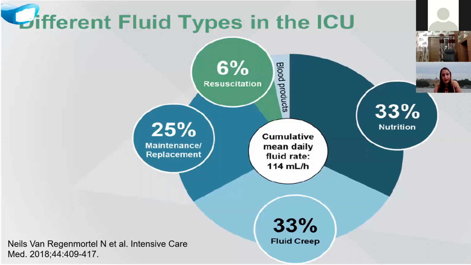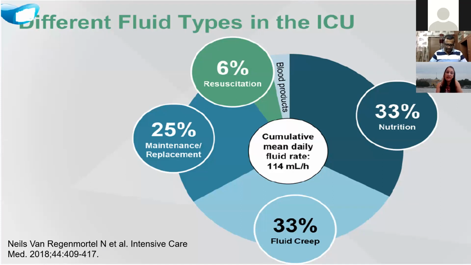This retrospective single center study was done in more than 14,000 patients. And it came up with some very good postulates. What we routinely think is that we use fluids mainly for resuscitation and we tend to overload the patient with resuscitation. Actually, this is not so.